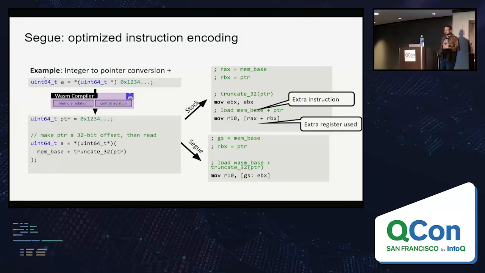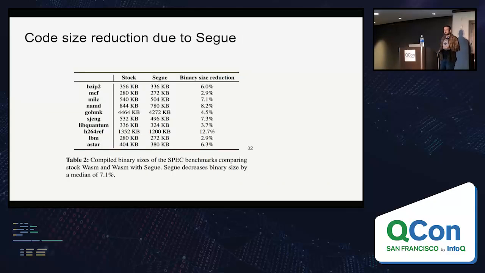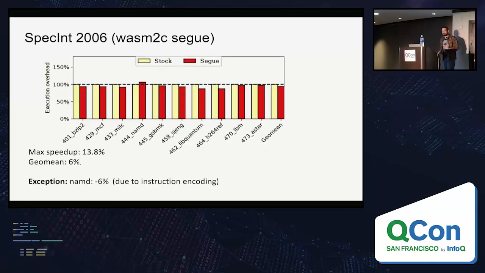So you can see our extra instruction goes away, frees up an extra register, and frees up some extra flexibility for the compiler. As it turns out, we get this big code size reduction, which was kind of a pleasant surprise to us. We get some nice performance improvements on SPEC.